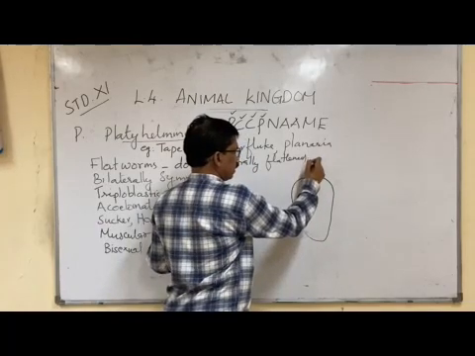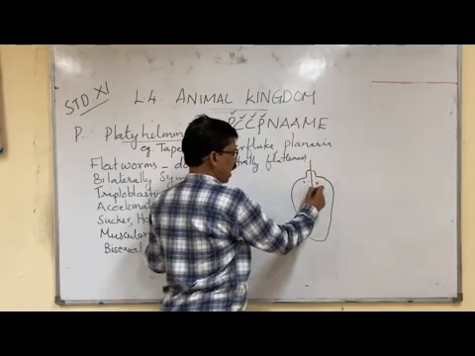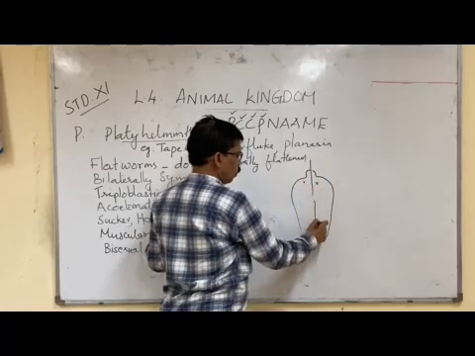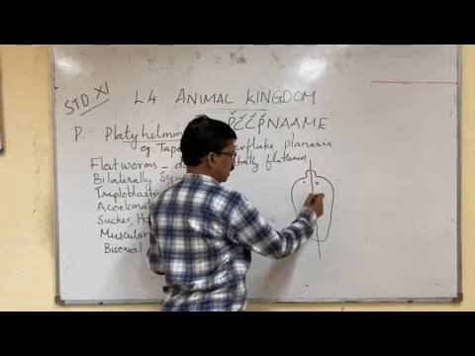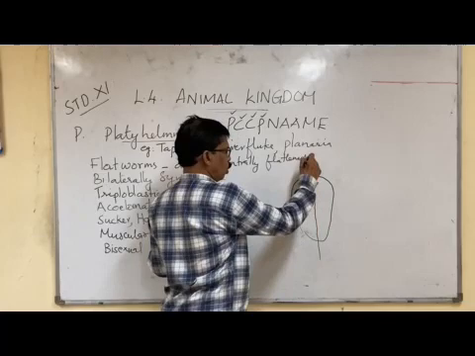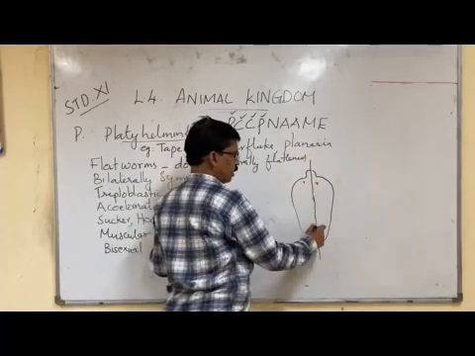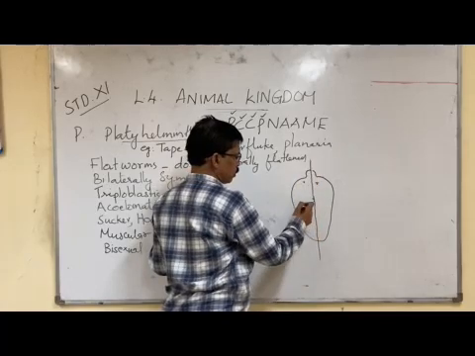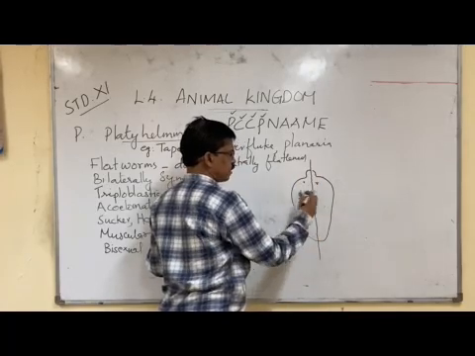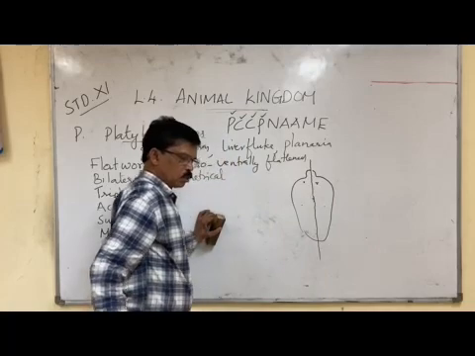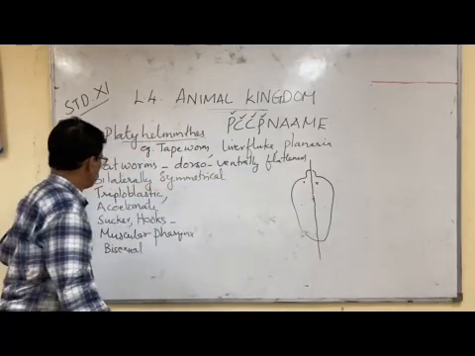The planaria can be divided into two equal halves through only one plane passing through the central axis, right and left halves. Such symmetry is called bilateral symmetry.